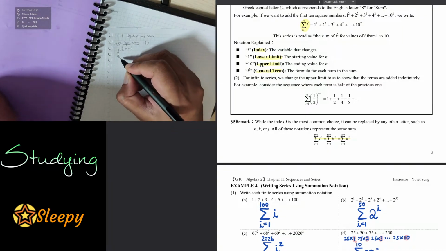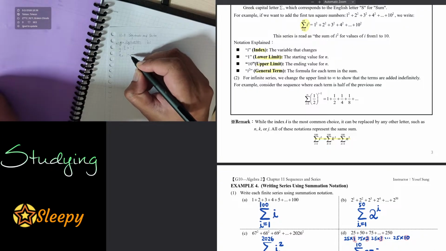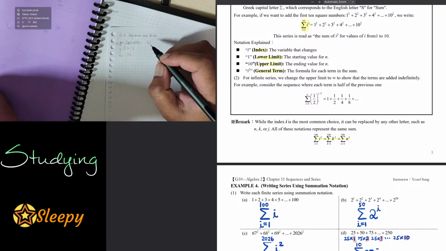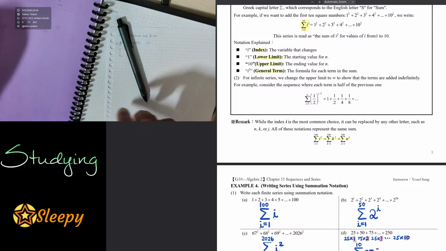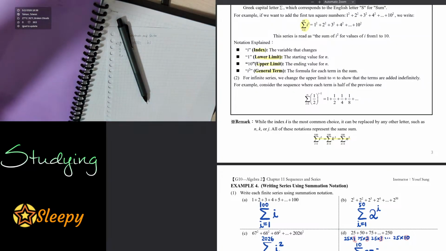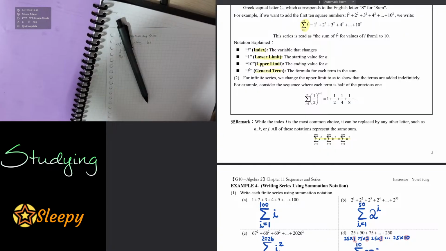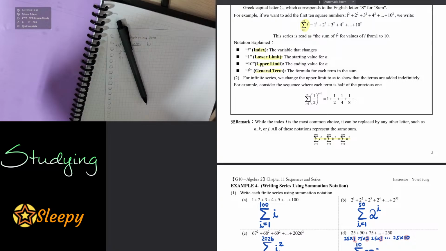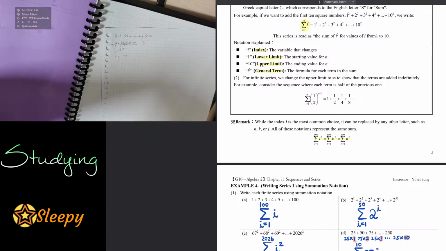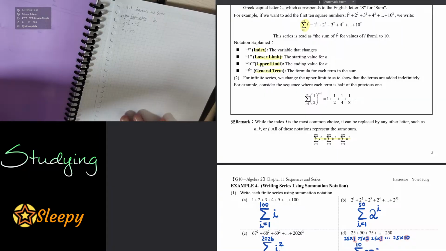B is... let me quickly plug in an energy source for my phone. B is minus a half.